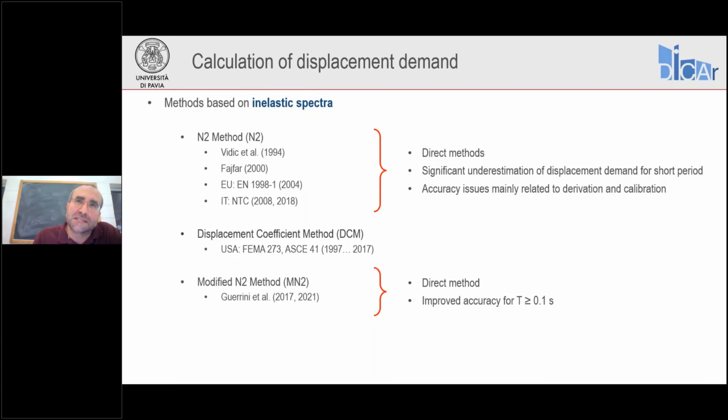So to improve this accuracy, we just needed to revise a little bit these equations, and a conceptual adjustment of the method was not required. Just a calibration of the equations used to transform the elastic displacement demand into an inelastic displacement demand.